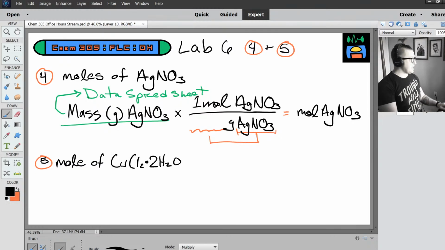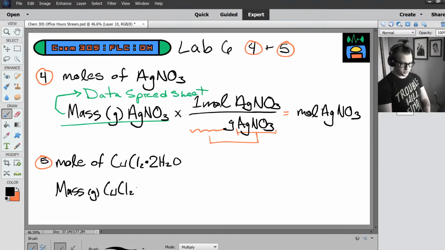All right, and again, to do this, you take the mass in grams of copper 2 chloride dihydrate.